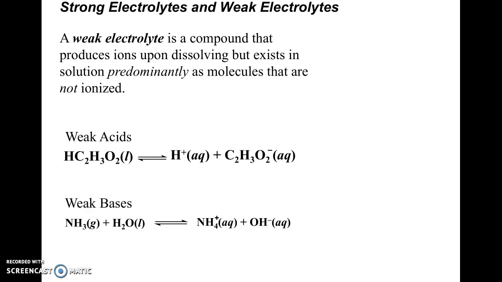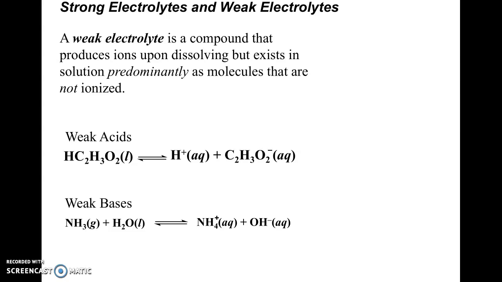An example would be a weak acid such as acetic acid, which is vinegar. So you'll note that we have a new kind of notation here. We have this double-headed arrow, or 2 arrows pointing in opposite directions. And by using that, we know that there is still molecule there. It's not all broken up.